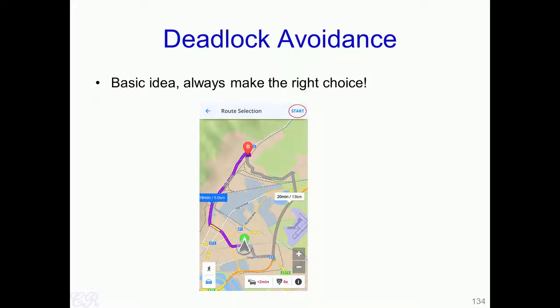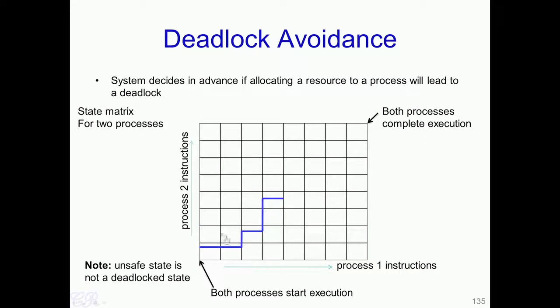A particular example with two processes, process 1 and process 2, and we will represent the state of the system by this particular graph. Now, on the x axis are the instructions executed by process 1, and the y axis corresponds to the instructions executed by process 2 with respect to time.